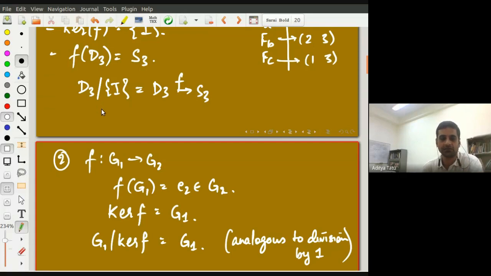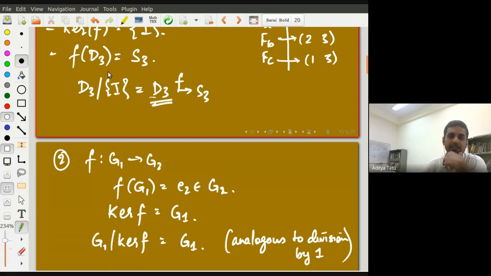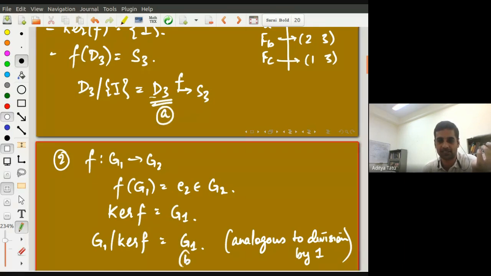All right, so please don't get mistaken here. When I say D3 quotient identity is D3, I don't mean D3 is one element. Each element of D3 is a separate coset. So don't get confused between this and this.